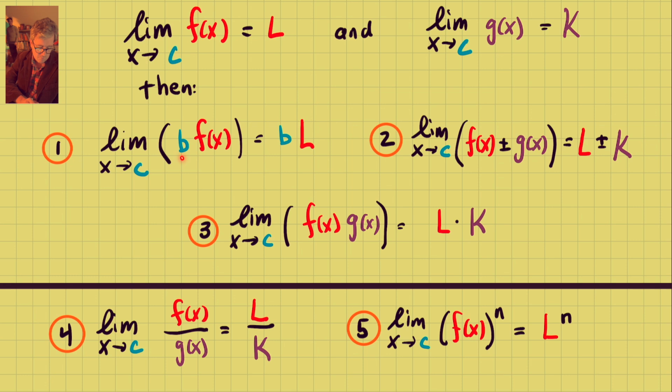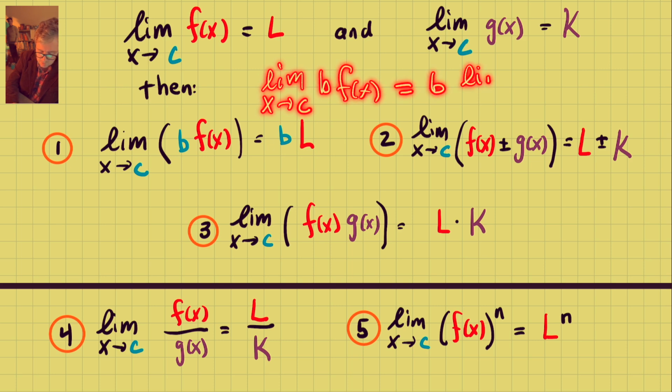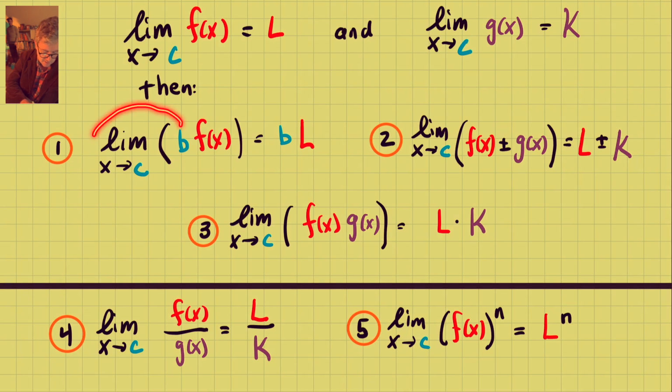So the limit of b times f of x is just equal to b times L. Something that's not explicit here is that the limit as x approaches c of b times f of x is equal to b times the limit as x approaches c of f of x. And so I can pull that constant out of the limit. That's what this is basically telling you.